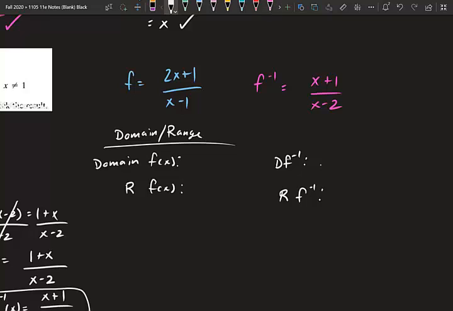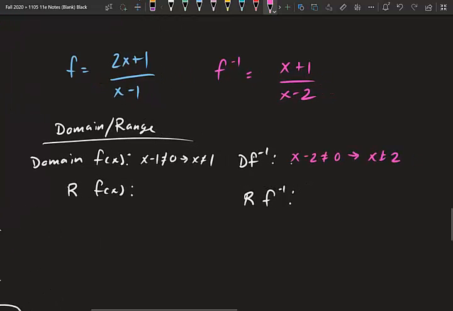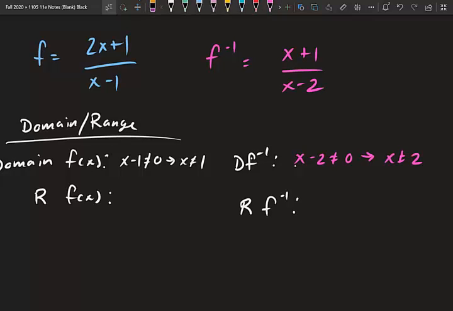So the domain of the function, its bottom can't be 0, so x minus 1 can't be 0. That means x cannot be 1. So let's find the domain of the inverse. So the inverse, we have x minus 2 cannot be 0, so x cannot be 2. So now, to find the range, we're just going to switch them.